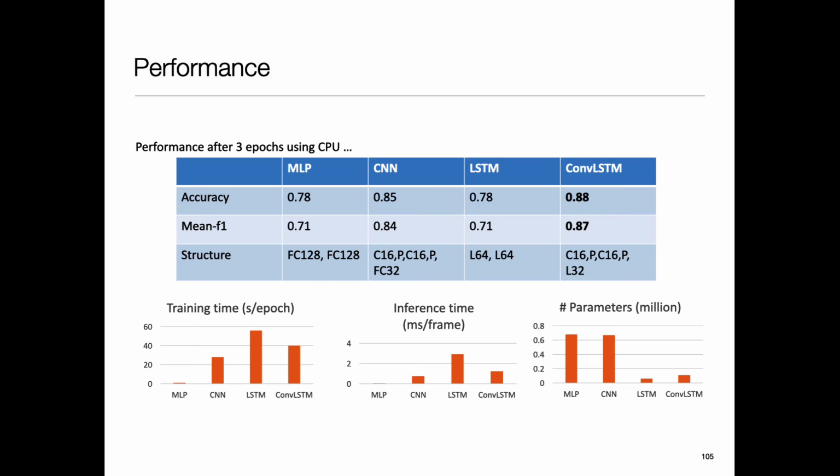This is taken from one particular presentation, so it's also not very clear how much architecture search they did, whether they did network architecture search to optimize the number of neurons. Some of these things you have to take with a grain of salt, because it's not that these numbers correspond to the best representation of convolution LSTM.